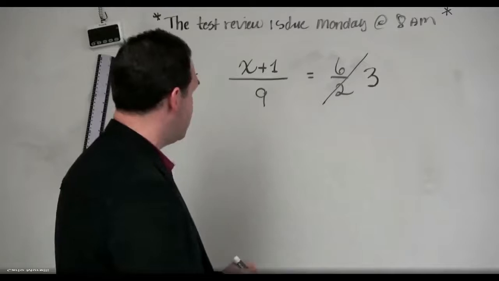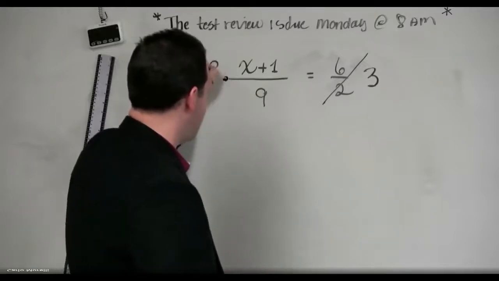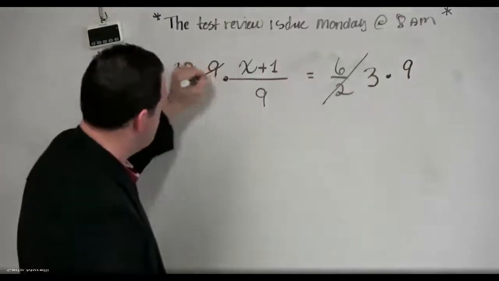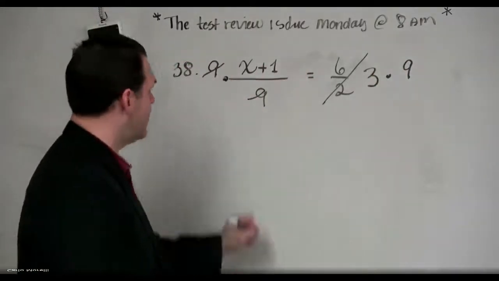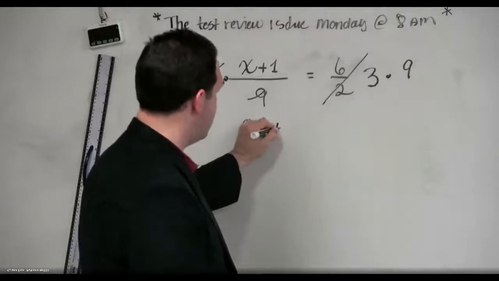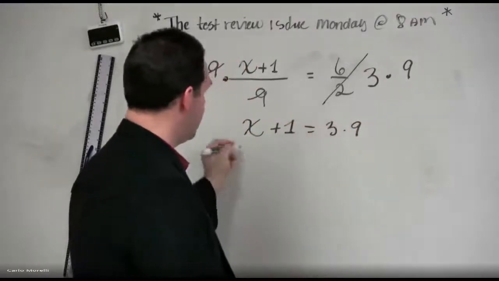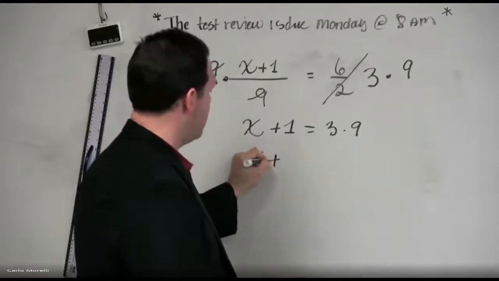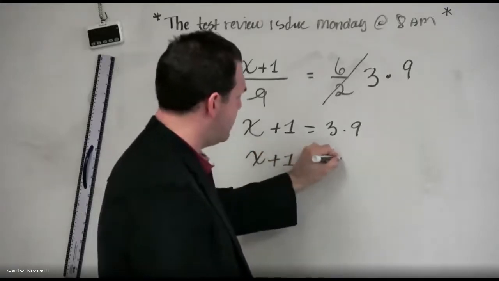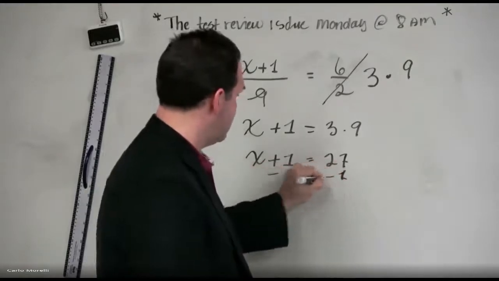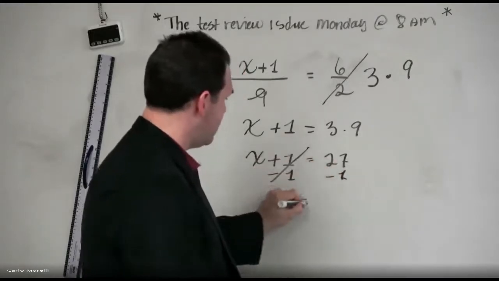So couldn't I just multiply both sides by 9? Cancel out the 9's and have x plus 1 equals 3 times 9. x plus 1 equals 27. Subtract 1 from both sides. x equals 26.